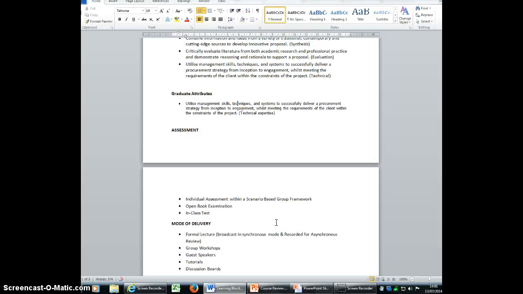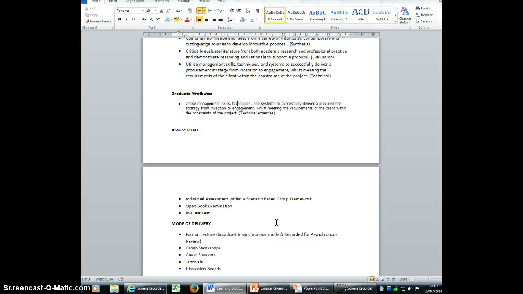The assessment at this level: these are some ideas. This is not the way it's going to be assessed. I've got individual assessment within a scenario-based group framework. I'm going to explain this later, but basically you're working in teams, but in fact you are assessed individually, and I'll explain how that's done when we come together on the 10th of September.